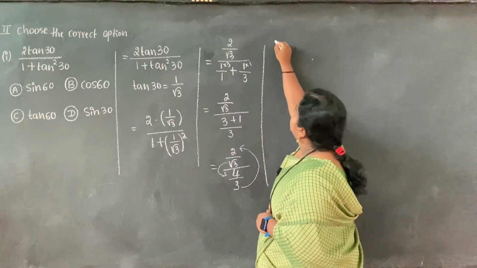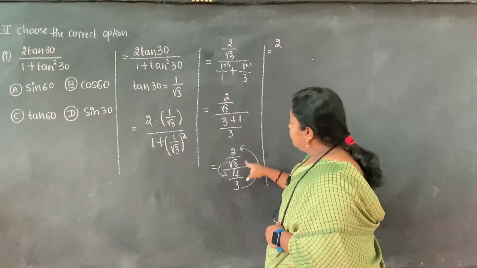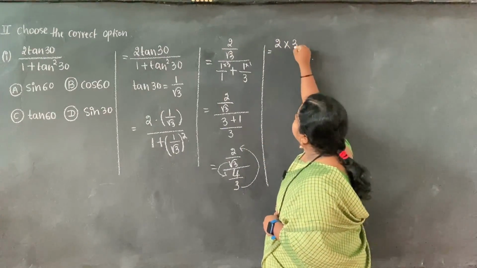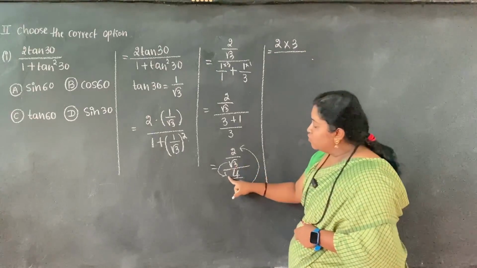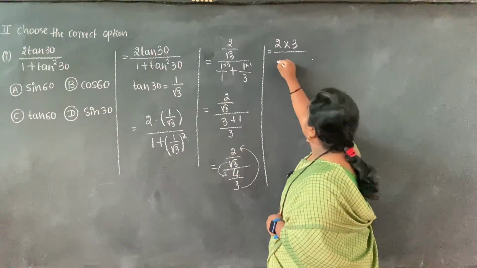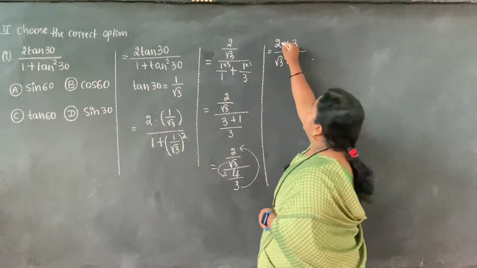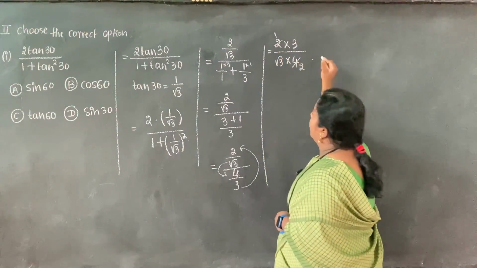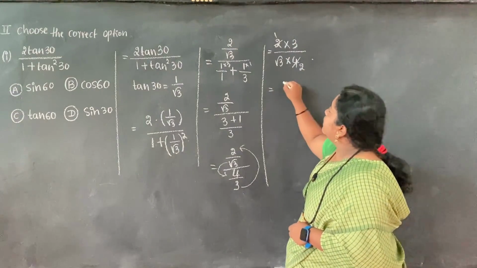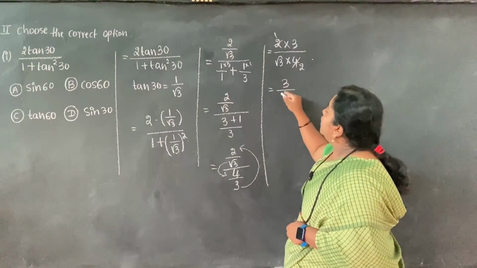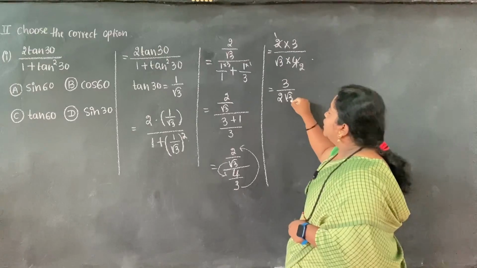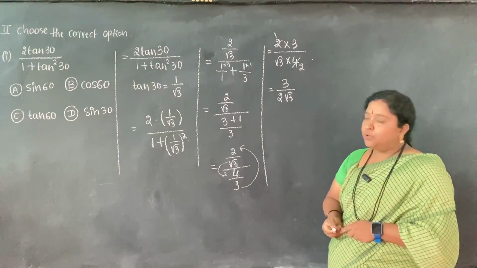So here 2 and this 3 will go to the numerator and become 2 into 3, and this root 3 will come to the denominator and become root 3 into 4. What I got with the answer here? 3 divided by 2 into root 3, that is 2 root 3.